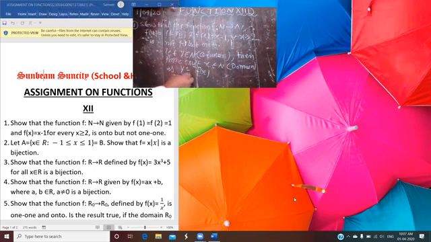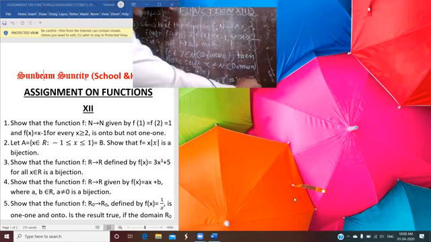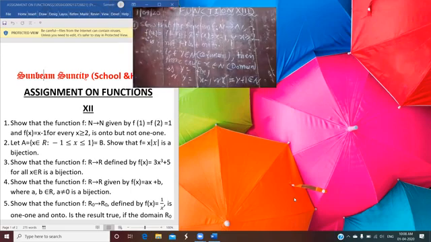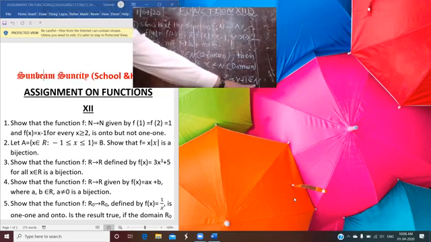So write it, y, and value of f(x) is x minus 1, or from here you find the value of x. So x is equal to y plus 1, and that y plus 1 also belongs to n, and that n is what? Domain. So what you have here, if y is any arbitrary element in the codomain, no doubt there exists x equal to y plus 1 in the domain.